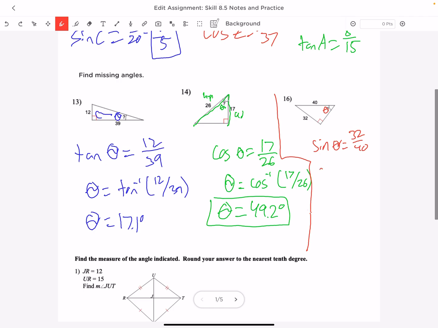So then I would just say theta is equal to the inverse sine of 32 over 40. In the calculator, I would type in 32 divided by 40 equals, second, inverse sine, and I get 53.13. Remember that from our first? So that would round to 53.1 degrees, like this. And that's it.